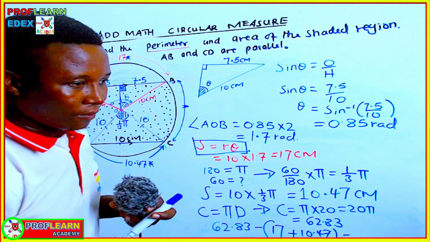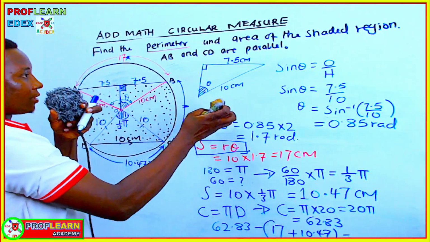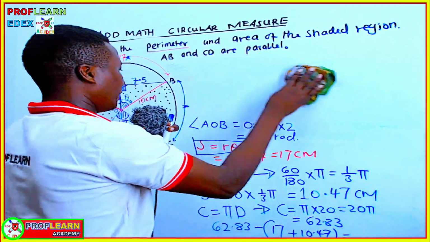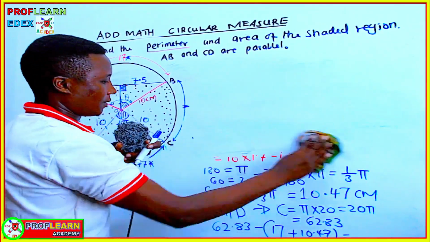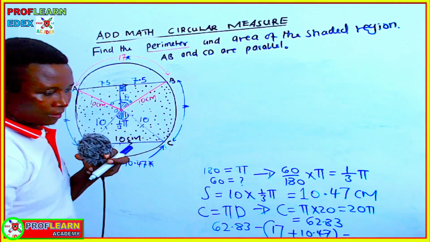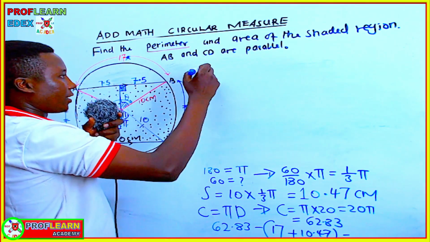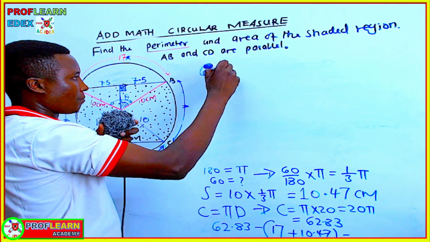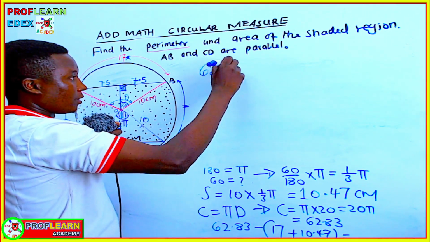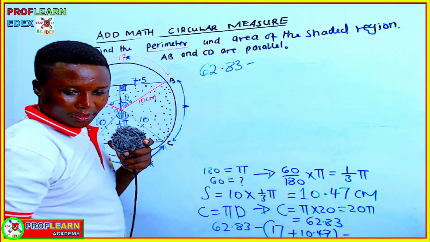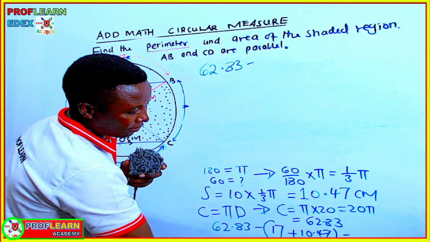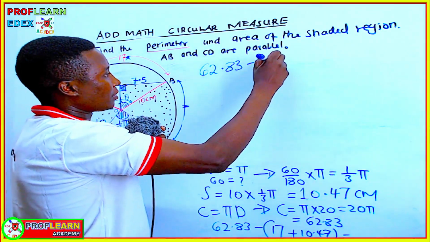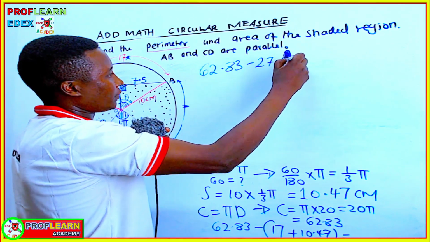All right, so I feel I don't need this part now. I believe you've been following what we did there. I'll transfer that: 62.83 minus the answer I've gotten, 27.47.